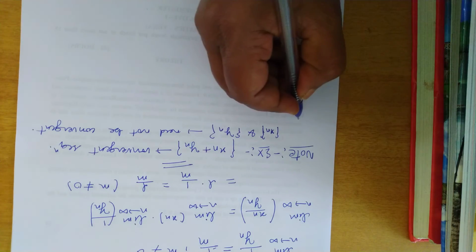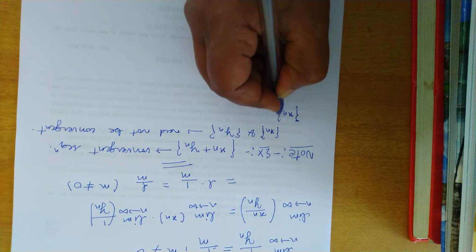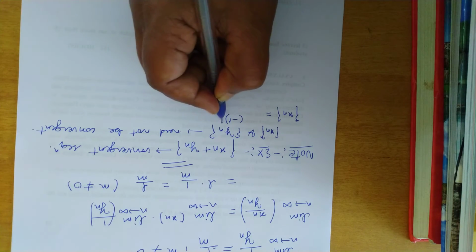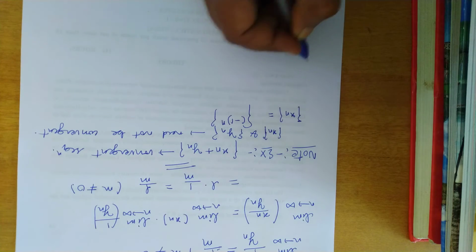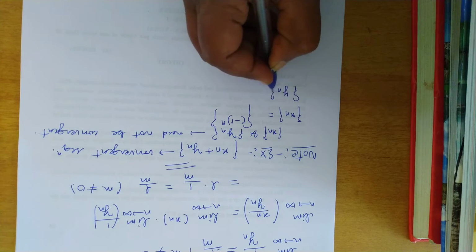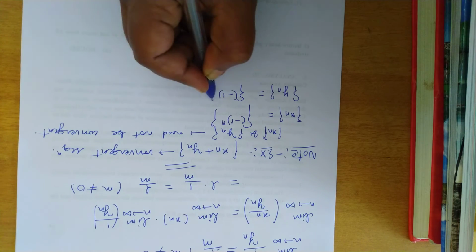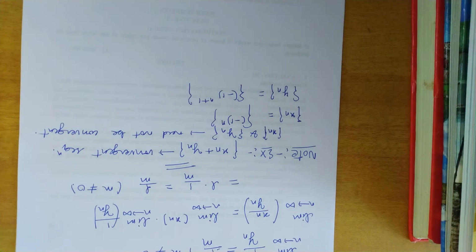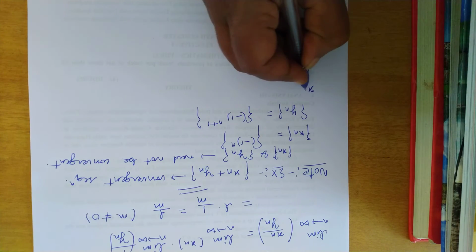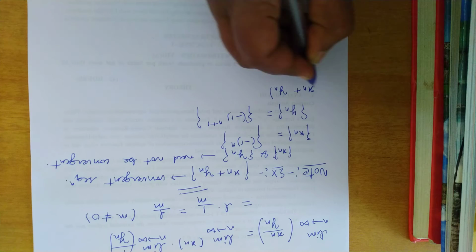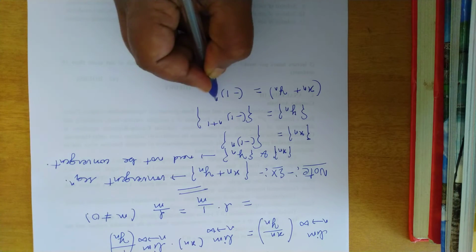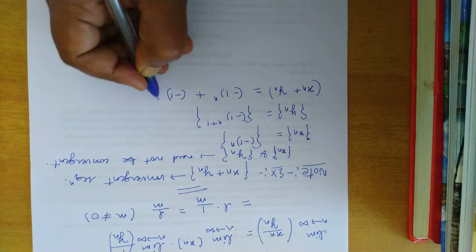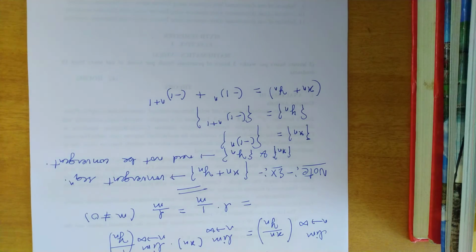So let us illustrate with an example. For example, xn is minus 1 to the power of n, and yn is minus 1 to the power of n plus 1. But what will be xn plus yn? It will be minus 1 to the power of n plus minus 1 to the power of n plus 1.